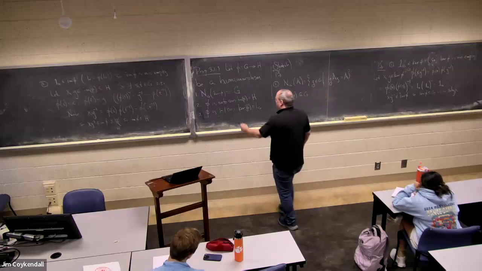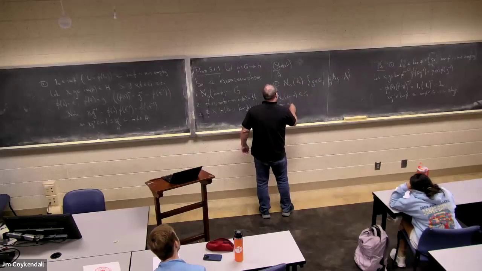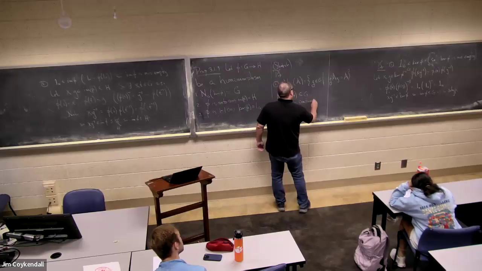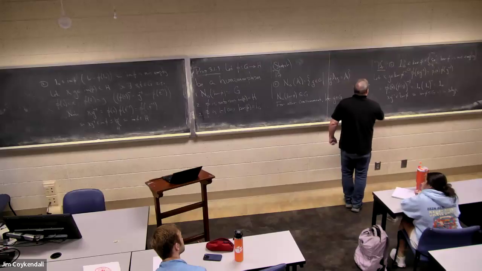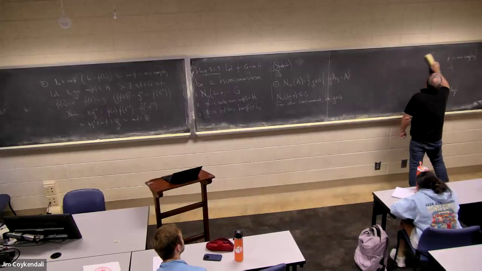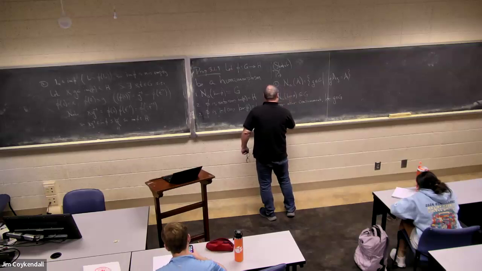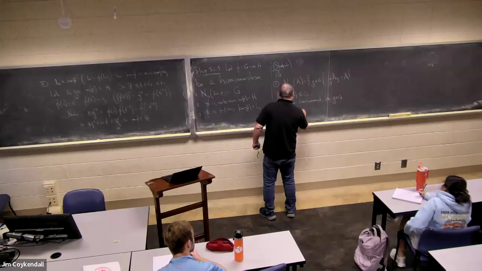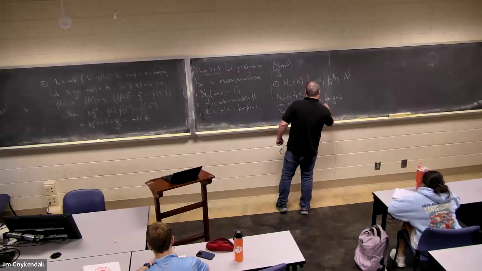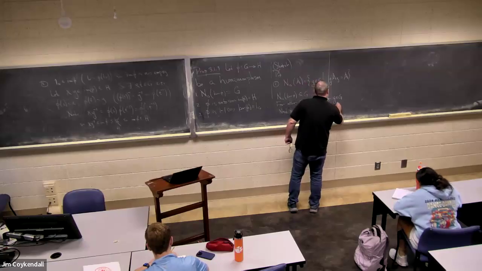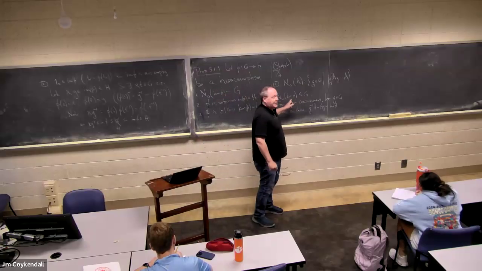Why is the other way true? Let g be an arbitrary element of G. You want to show that G is contained in the normalizer of the kernel.